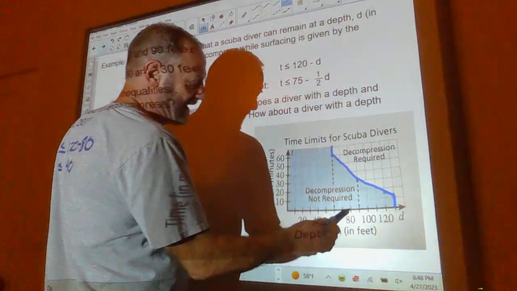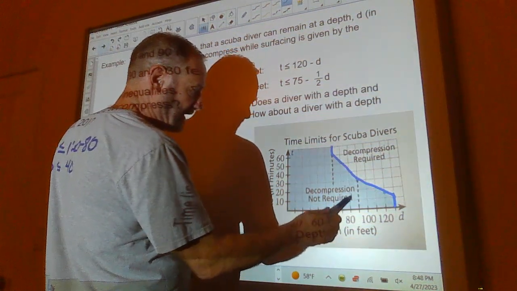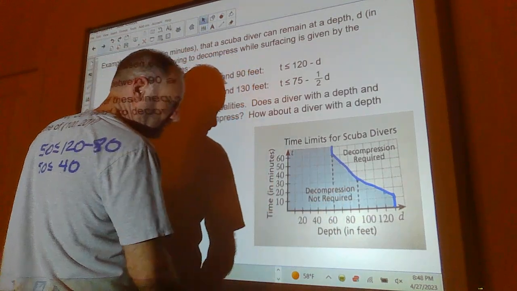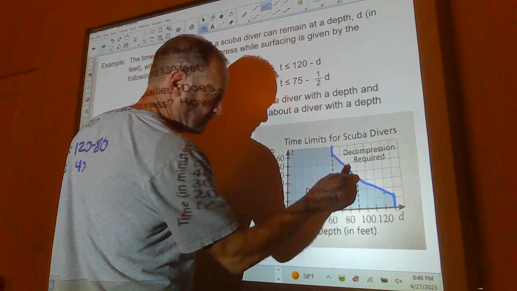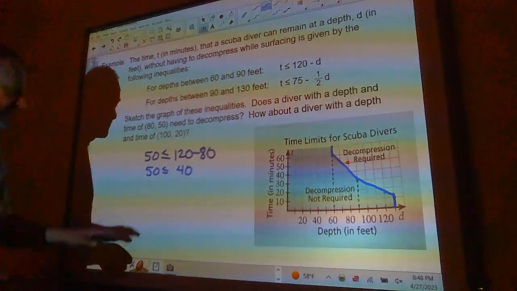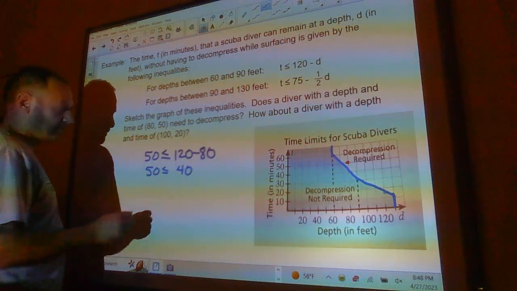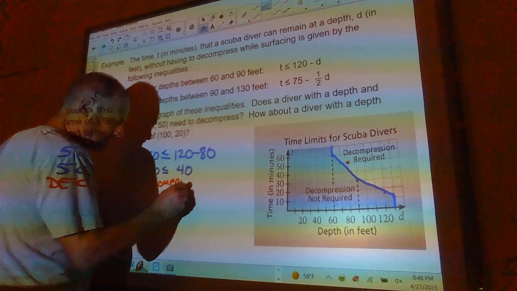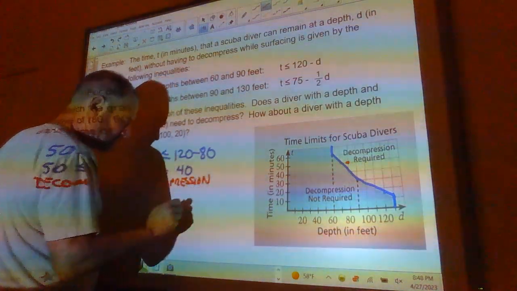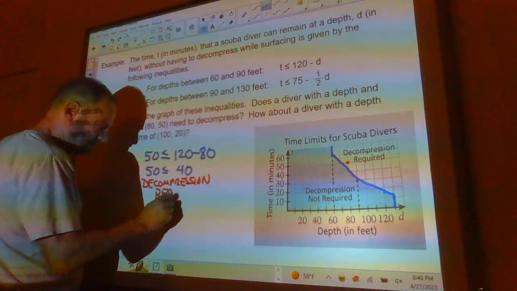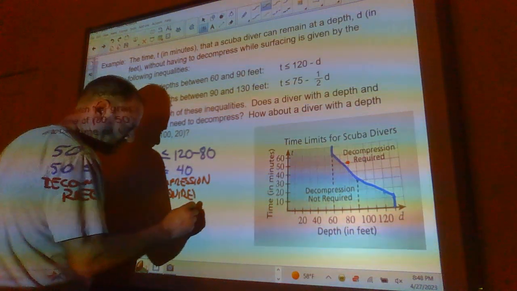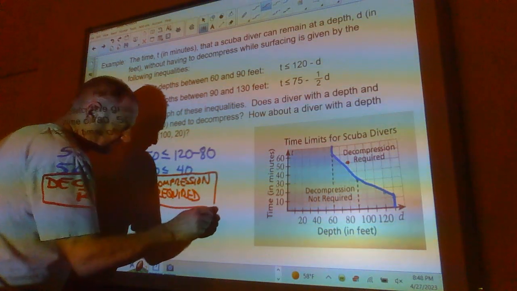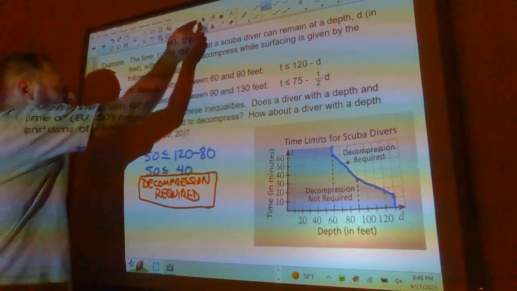Okay, and if you look at the graph, 80 feet and you're under for 50 minutes, that would put you right here. Okay, so since this is not true, you must decompress. Decompression would be required. Okay, this is a dangerous situation for you. You do not want to be in that without decompressing.